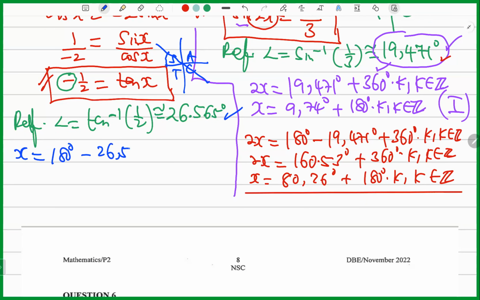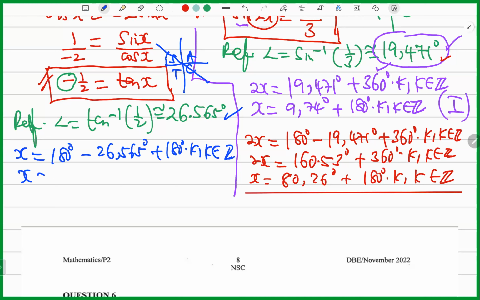Plus 180, because it's the tangent, so we must add 180 degrees times k, where k is an element of the set of integers.